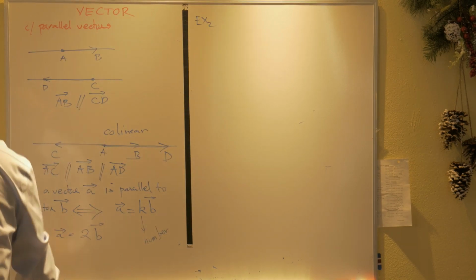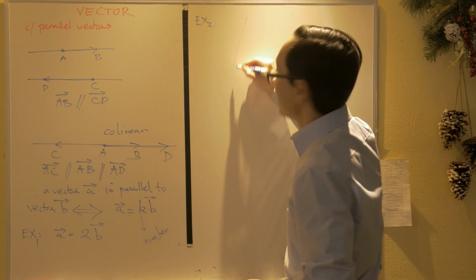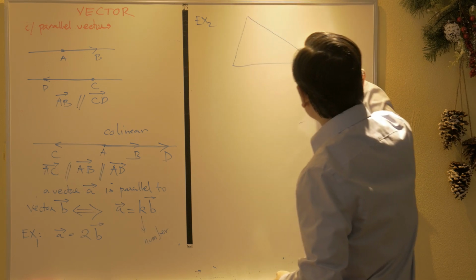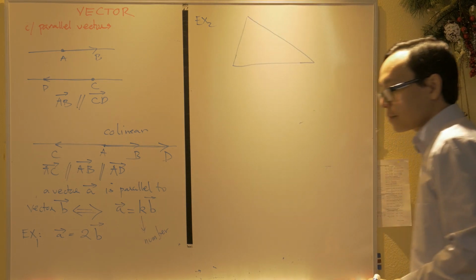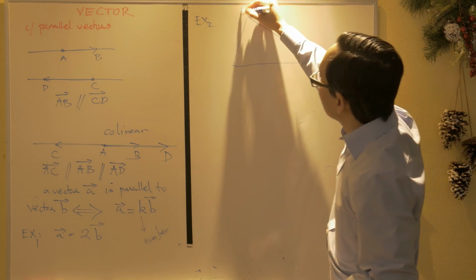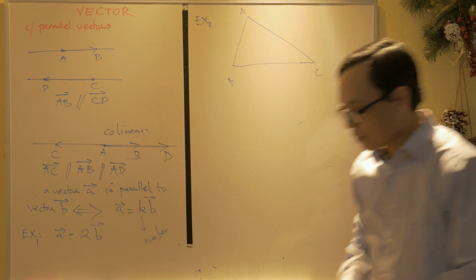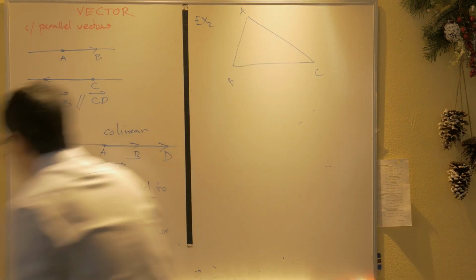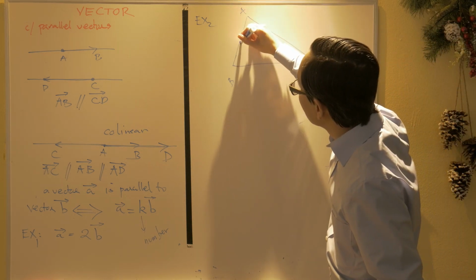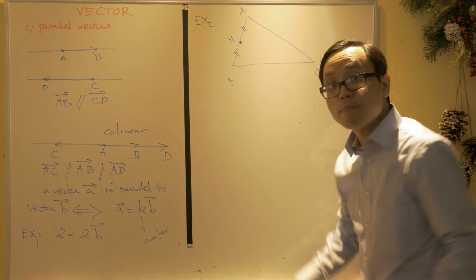I have an arbitrary triangle ABC, and I pick a midpoint of AB. I call it point M. M is the midpoint of AB.